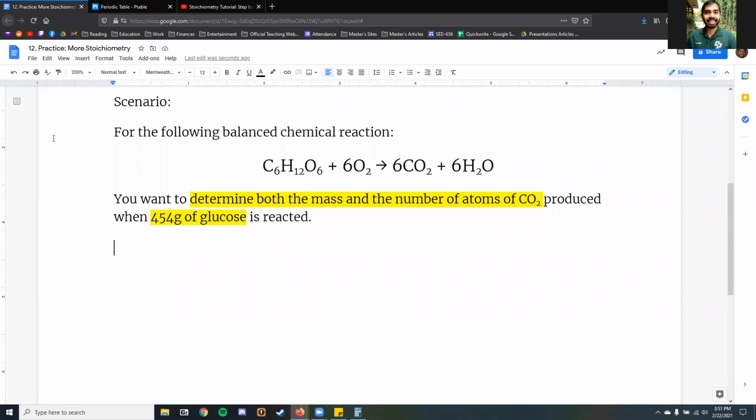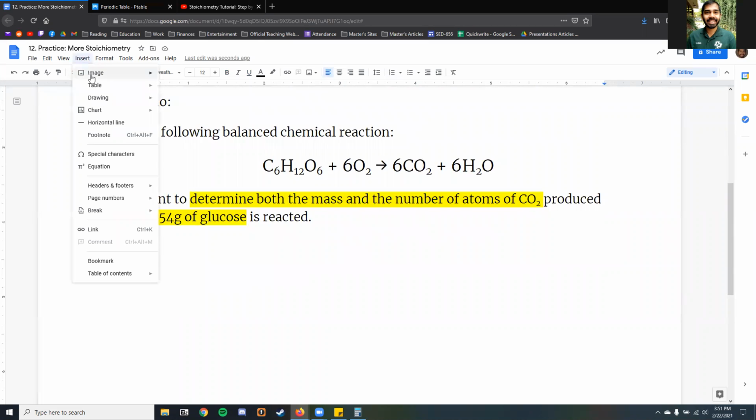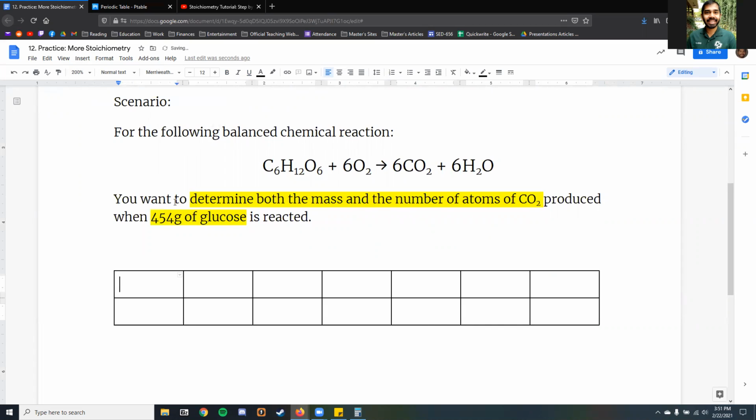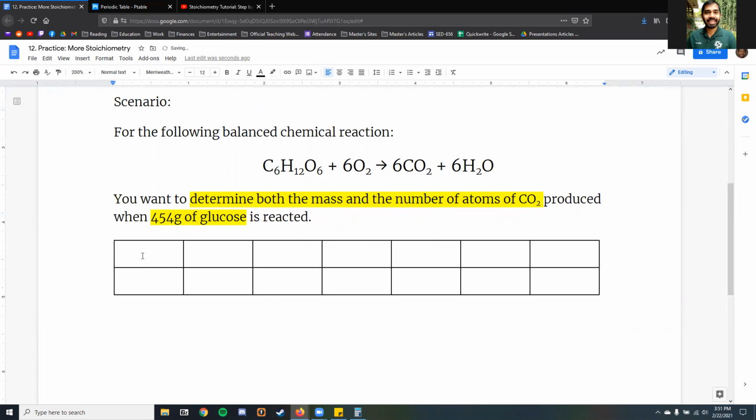So what do we start with? Let's go ahead and insert a table. Let's do a 7 by 2. For this, what we're going to start with is 454 grams. Actually, I'll do 2 tables.